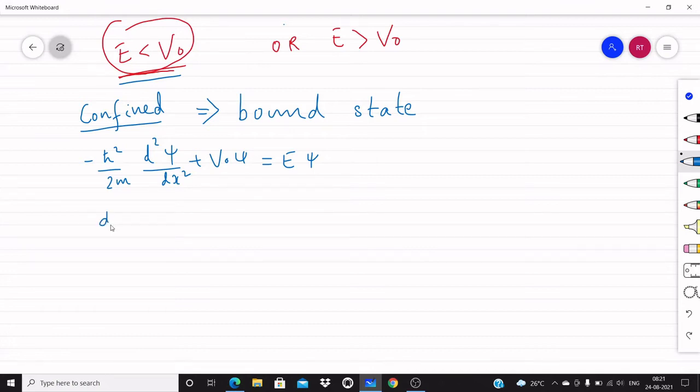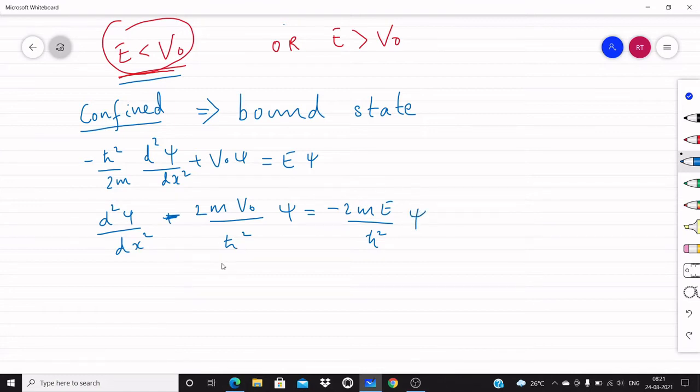So you will have d square psi by dx square plus minus 2m V0 by h cut square psi is equal to minus 2m E by h cut square psi.